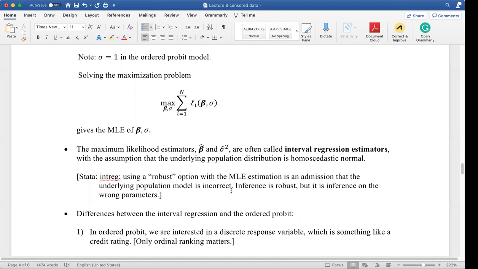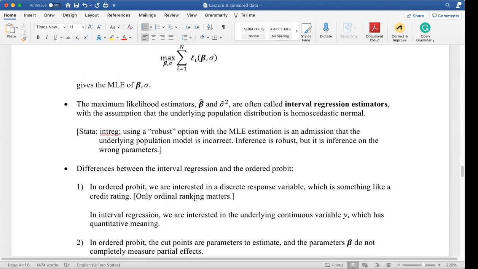However, the inference is on the wrong parameters because if your underlying population model is misspecified or incorrect, you should then correct that model, and that correction would give you the correct parameters to estimate. And your estimation procedure should be dictated by those parameters.